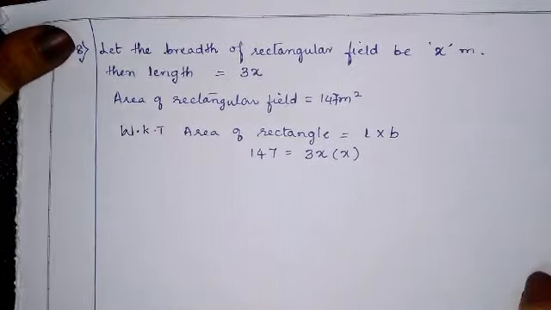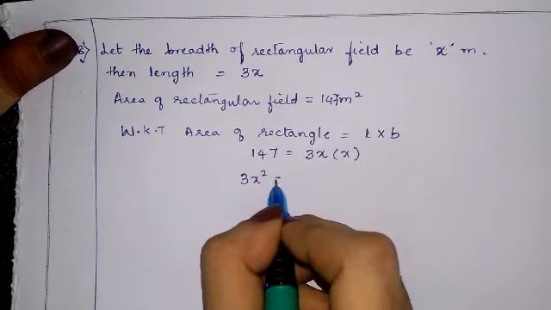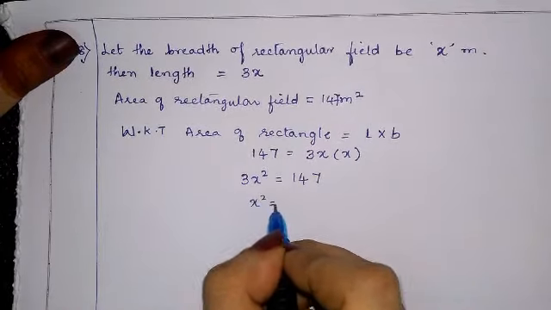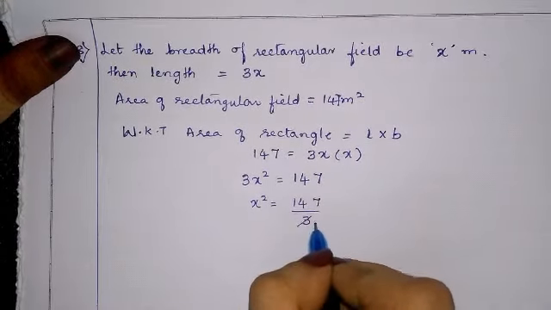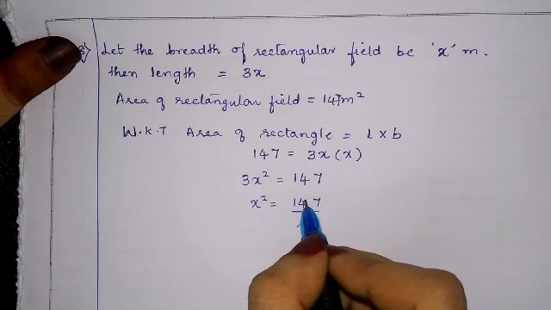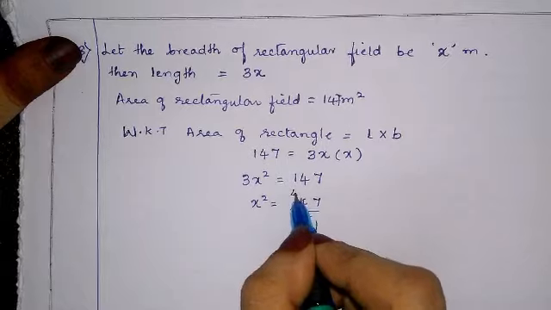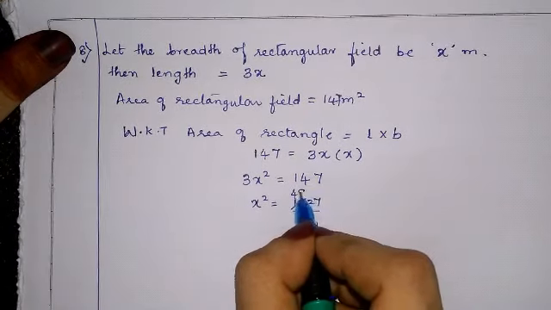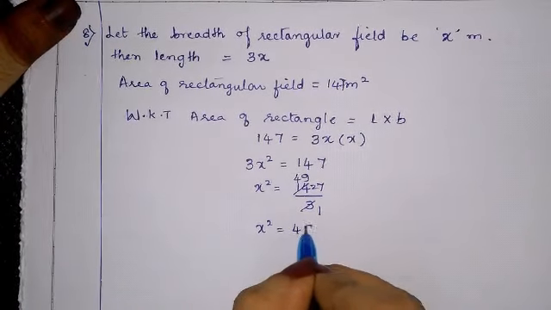So 3x into x is 3x square equals 147. x square equals 147 upon 3. 3 ones are 3, 3 fours are 12, 3 ones are 3, 3 twos are 6, 3 threes are 9, 3 fours are 12, 3 nines are 27. So x square equals 49.